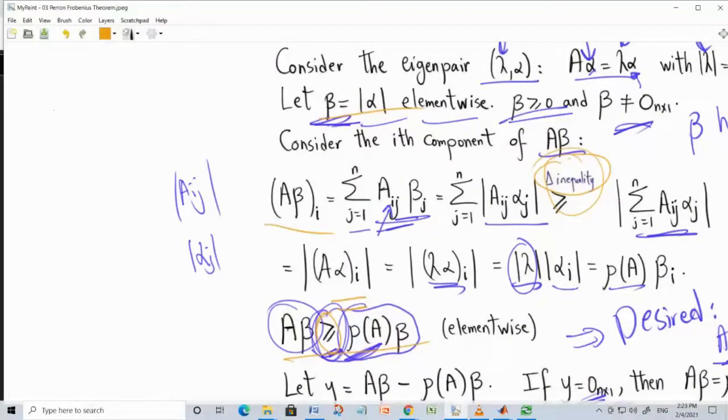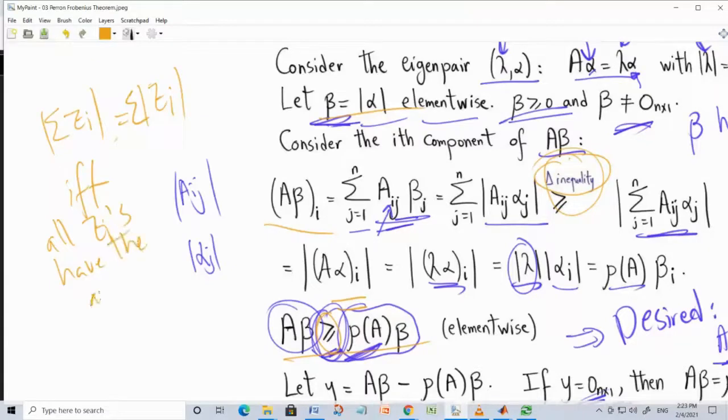If you have a bunch of complex numbers, when is the magnitude of a sum equal to the sum of magnitudes? We have equality if and only if all the zi's have the same angle.